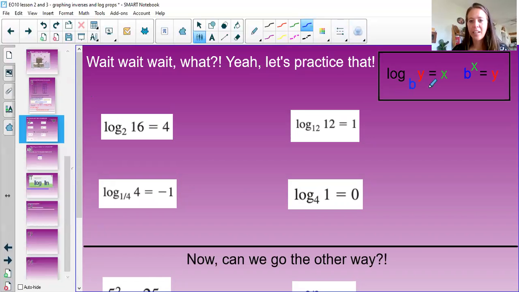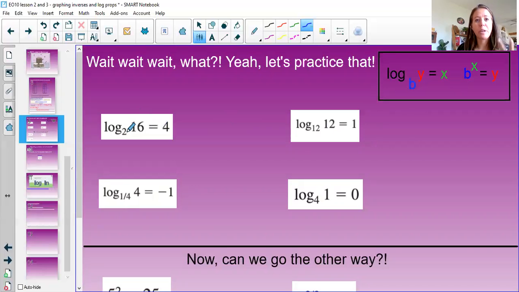Okay, in the corner here, I've kind of color-coded the pieces of the log and the exponential so we can match these up, right? So we said that the log base b of y is equal to x. So the base of your exponent, okay, b raised to what power essentially is going to give you y, okay? So let's take a look.